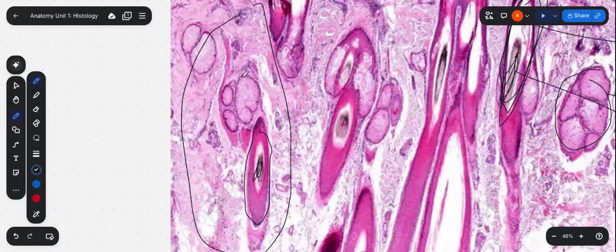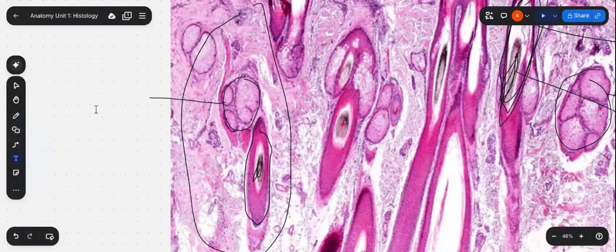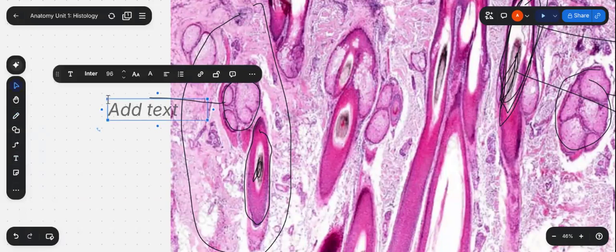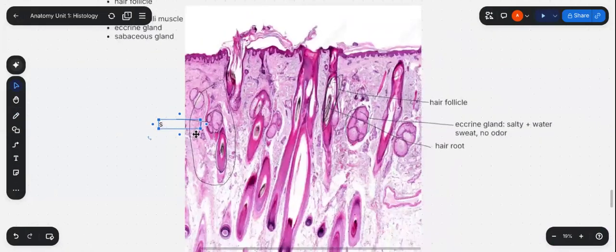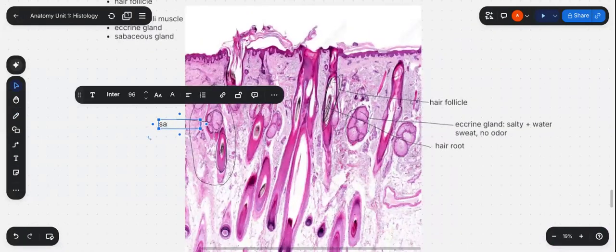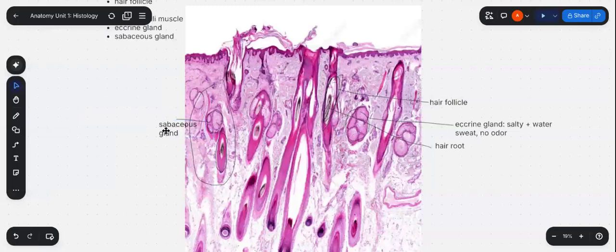Then you can see your sebaceous glands, which are these guys over here. If your scalp ever gets like sweaty or oily, that oily hair is due to those sebaceous glands, and they're basically just secreting oil in order to moisturize your scalp, make sure that it doesn't dry out.